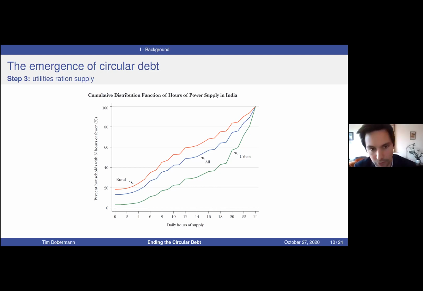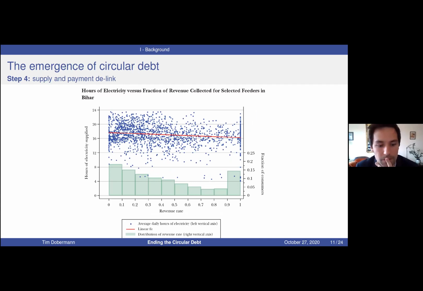Well, it effectively means that there's a delink between supply and payment for electricity. And as the hours of electricity go down, the price per unit effectively charged that's necessary to start breaking even starts increasing as well.